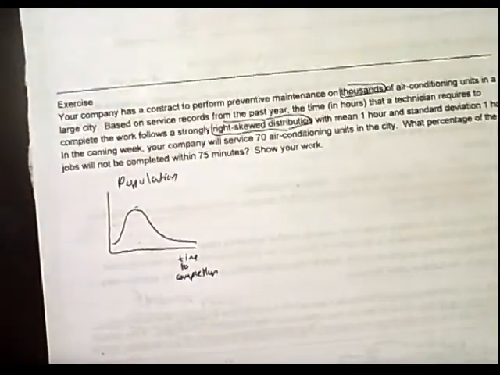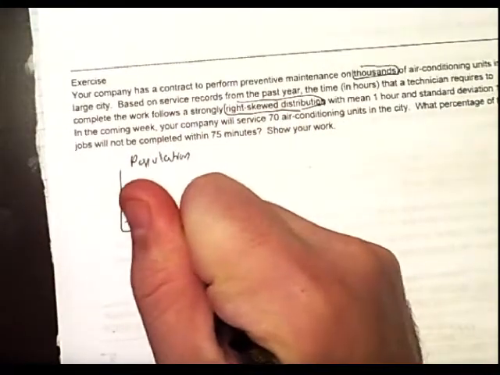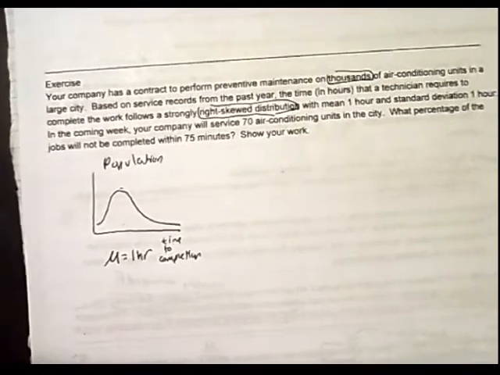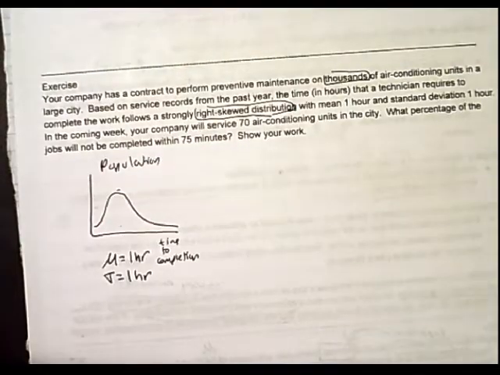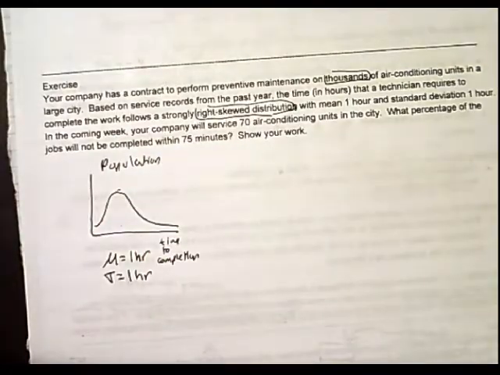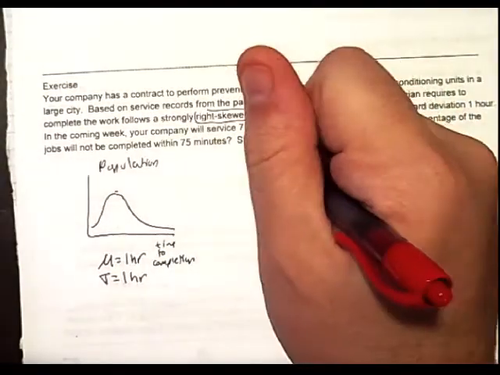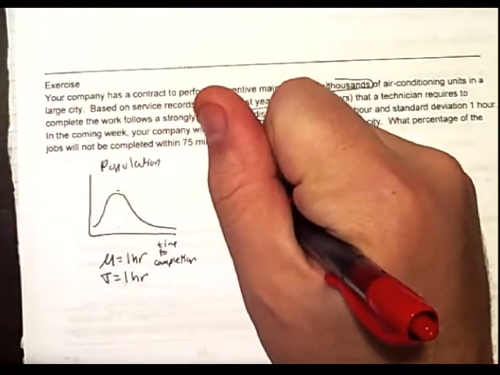It tells me that the population distribution has a mean of 1 hour, but it also has a standard deviation of 1 hour. It's a huge standard deviation because of the skewness. It says, in the coming week, your company will service 70 air conditioning units. So that's a sample size.